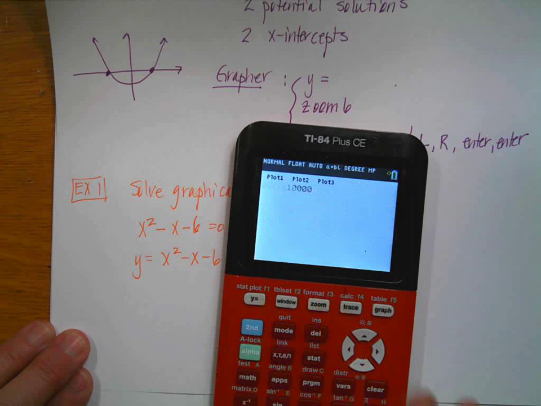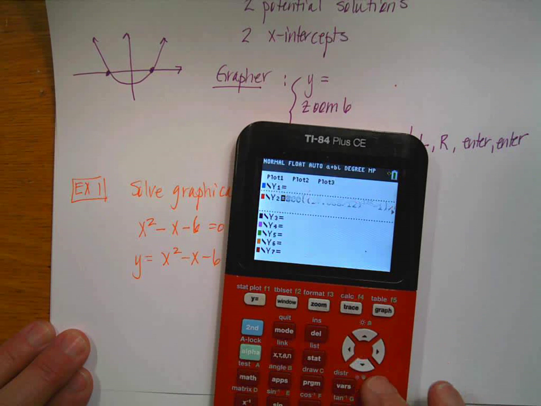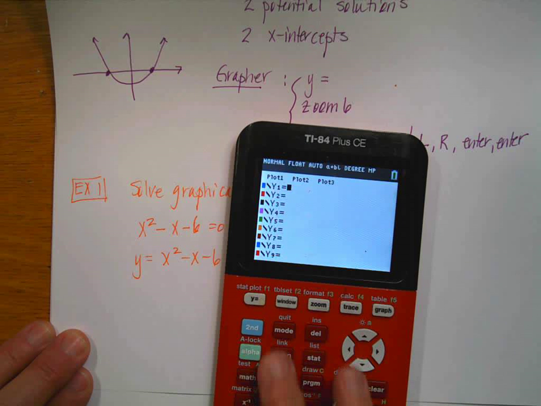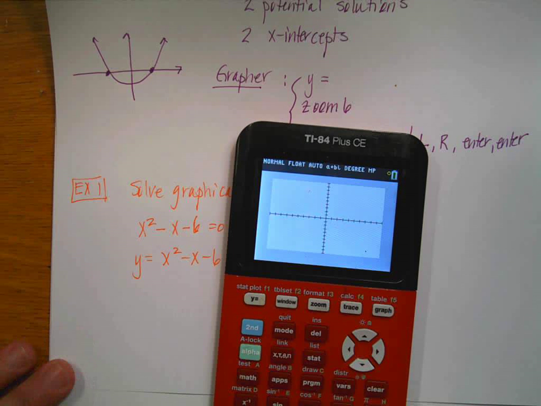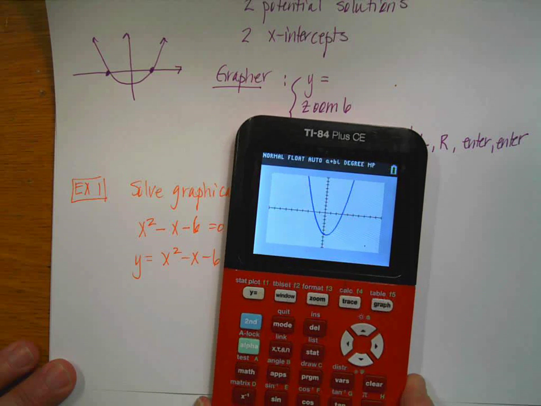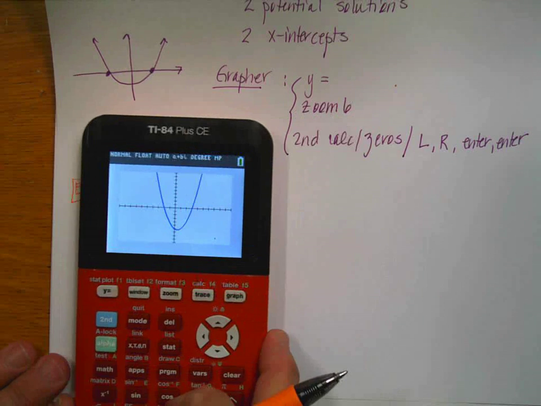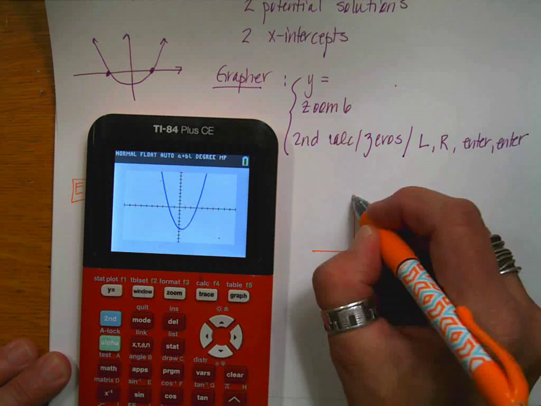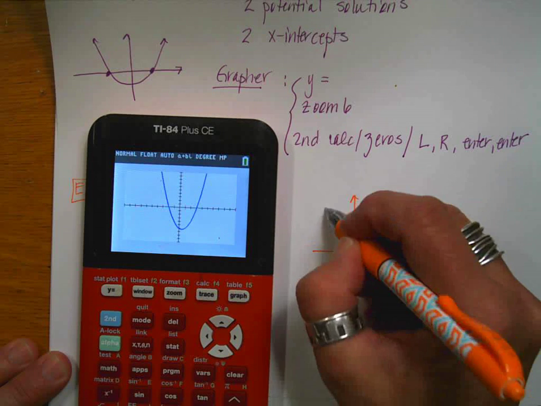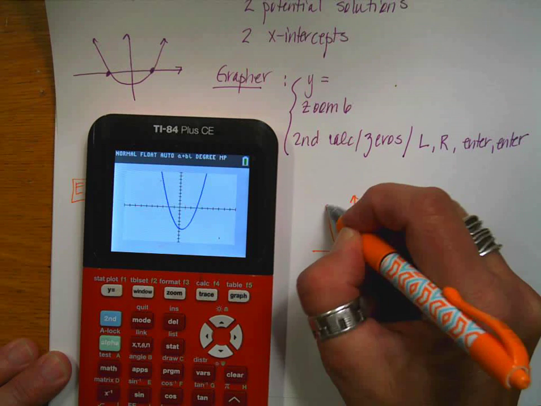So I'm going to go to my handy dandy grapher, clear what's there, and I'm going to enter x squared minus x minus 6, and I'm going to do a zoom 6. And there's my handy dandy graph, okay? And I'll sketch that. Can you still see? You can. So I'm going to sketch it right here. So I always sketch as I go. So here's my graph, okay?